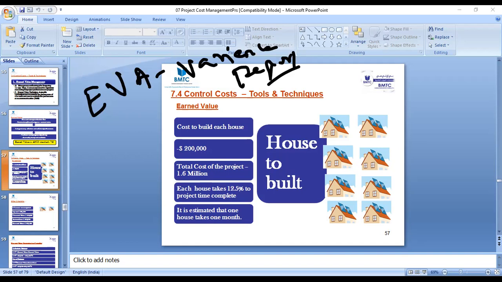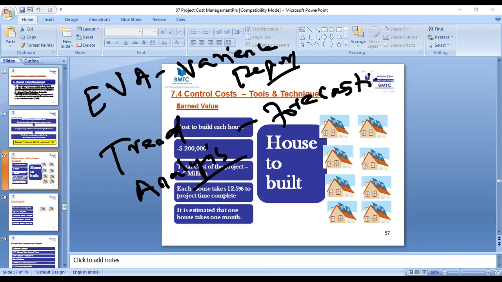So now we are able to produce the variance report. Right now, we'll do forecasting and we are able to do a trend analysis. Trend analysis will give you a forecasting report.